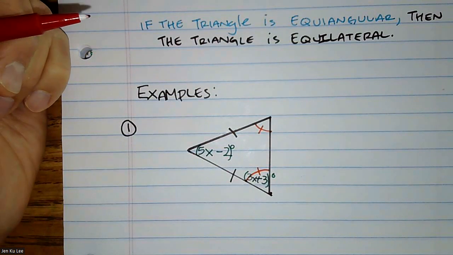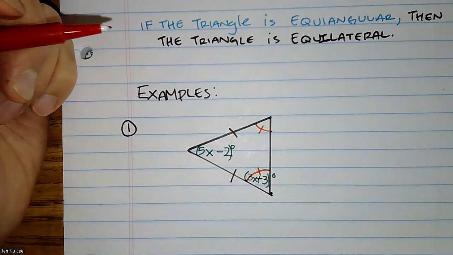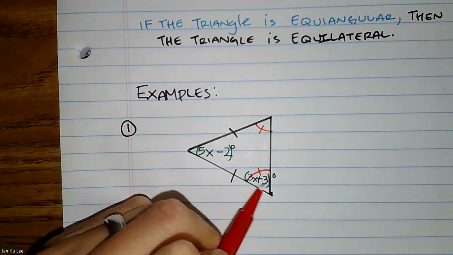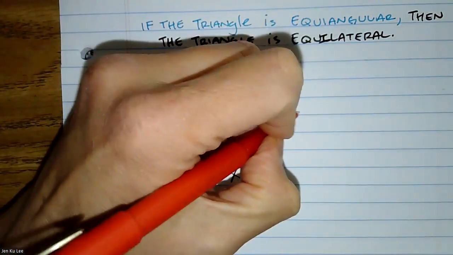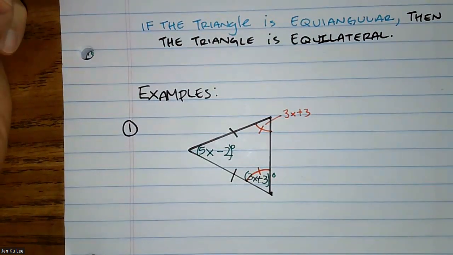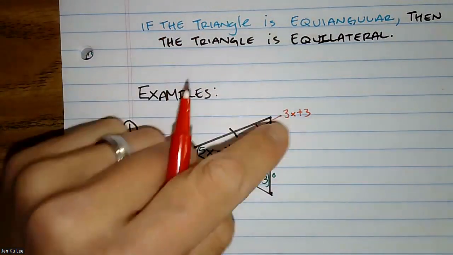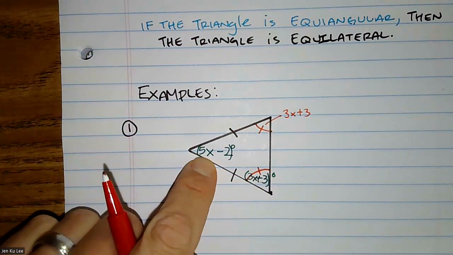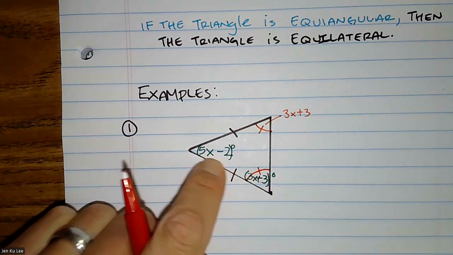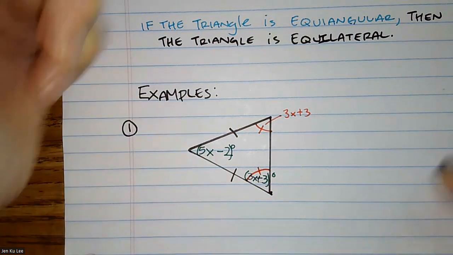I know what's in red. So if this is 3x plus 3, then this angle also must be 3x plus 3, right? And we're given that this angle here is 5x minus 2.